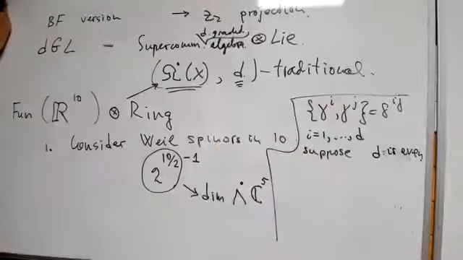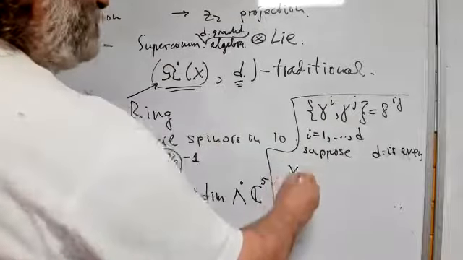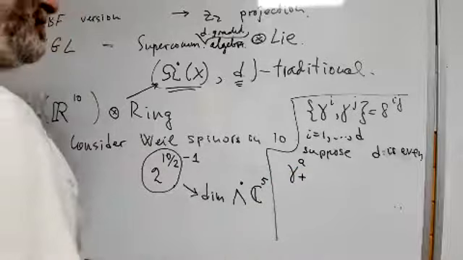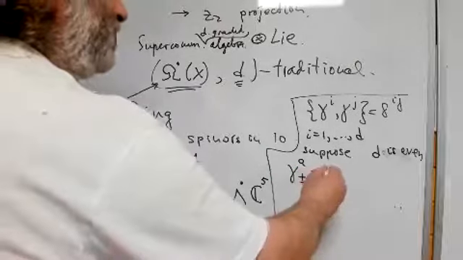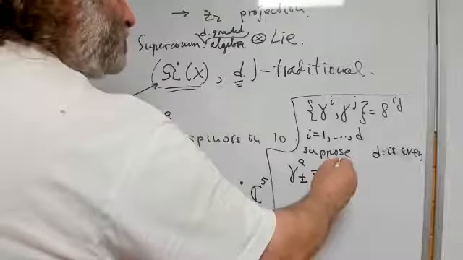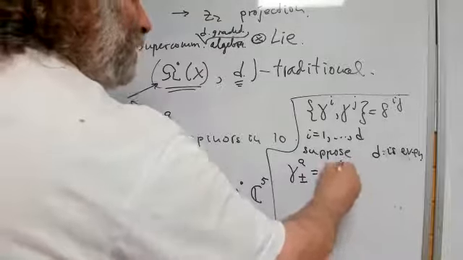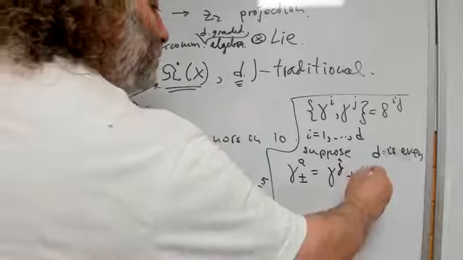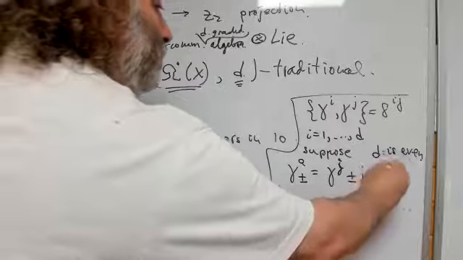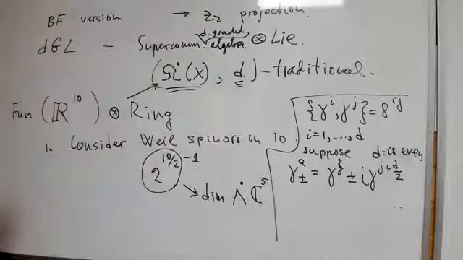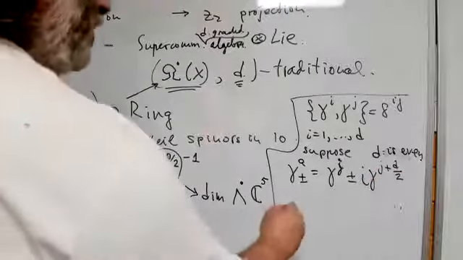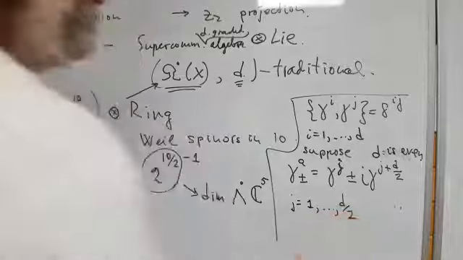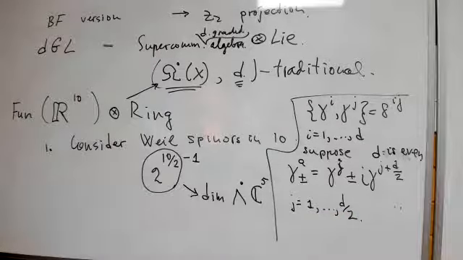Suppose D is even. So then I can change a basis in this algebra. Namely, I'll call gamma plus J and gamma minus J combinations of the gamma I, where J goes from 1 to D over 2.